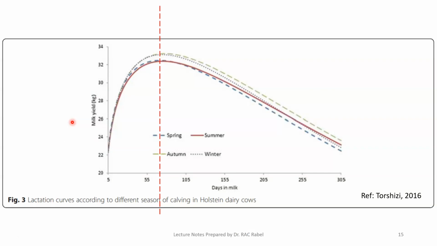So we saw the parity breed differences as well as the similarities. Now this study from 2016 looks at the lactation curve based on season of calving in Holsteins, and you can see autumn, fall calving, the milk yield is slightly higher.